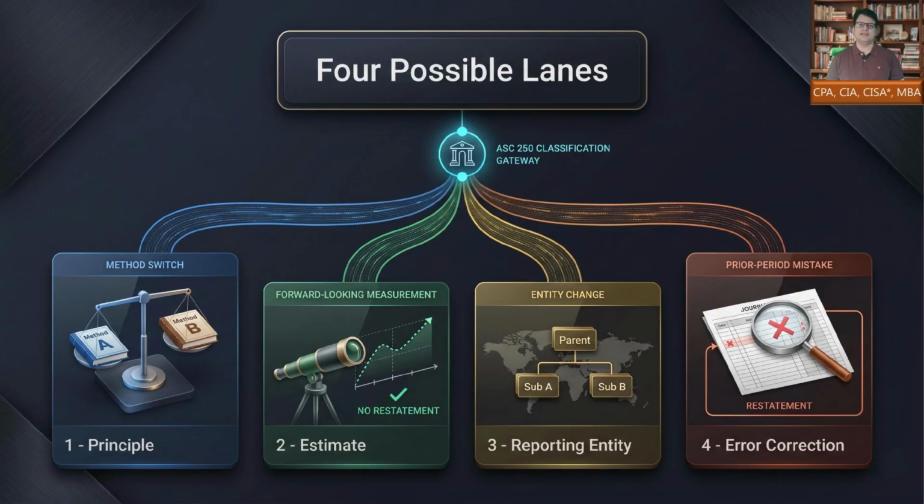The third lane is a change in reporting entity where the financial statements now represent a different boundary of entities. The fourth lane is error correction where prior period statements were wrong. Same standard, four lanes, four different consequences. The lane is not decoration. The lane decides the treatment.